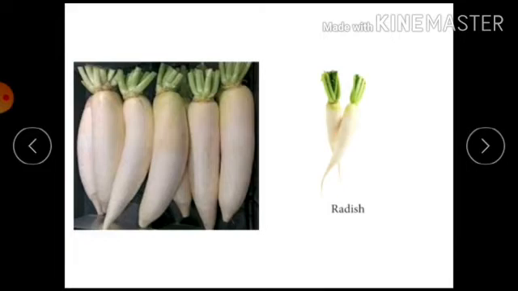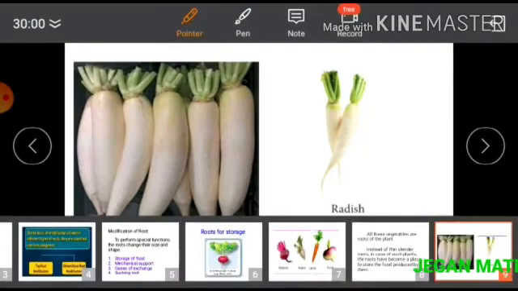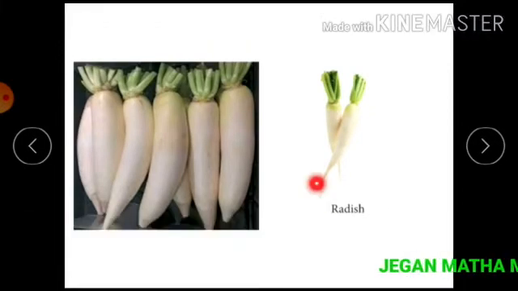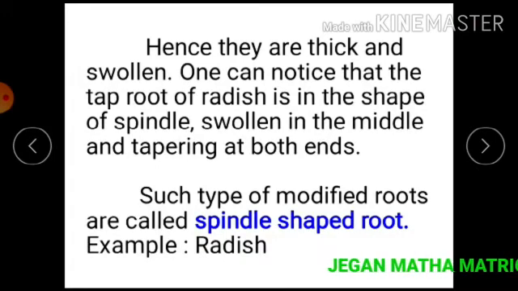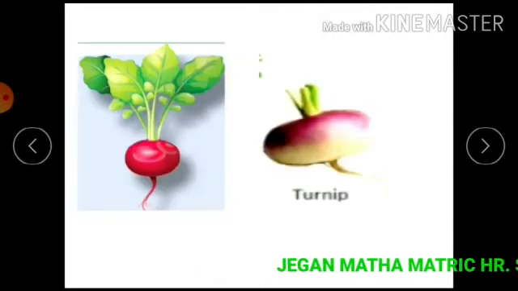One can notice that the tap root of radish is in the shape of spindle, swollen in the middle and tapering at both ends. Such type of modified roots are called spindle-shaped roots. Example of spindle-shaped root is radish.